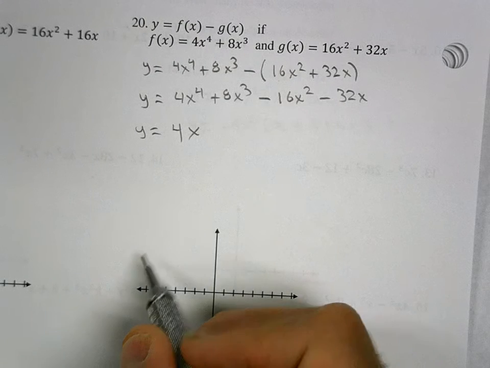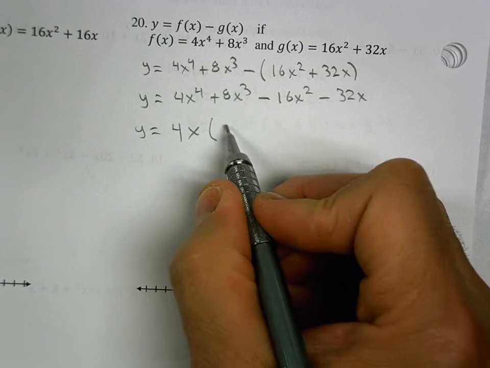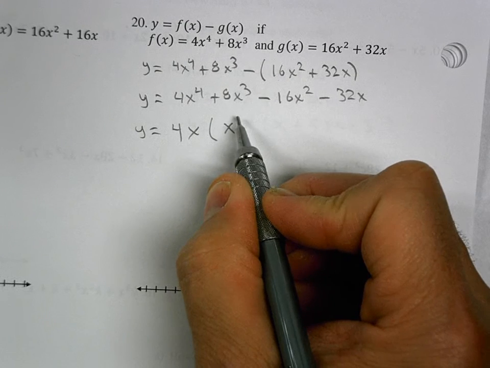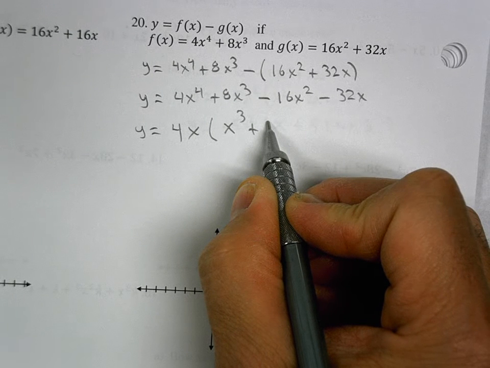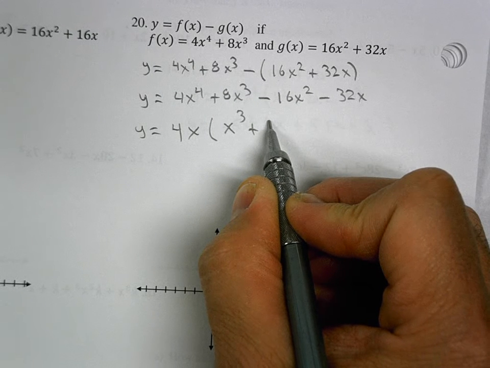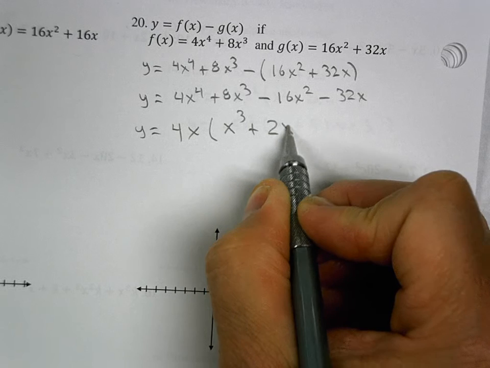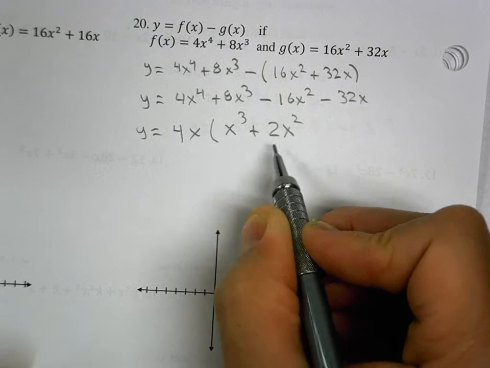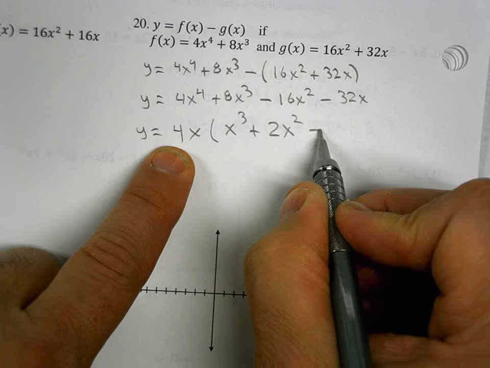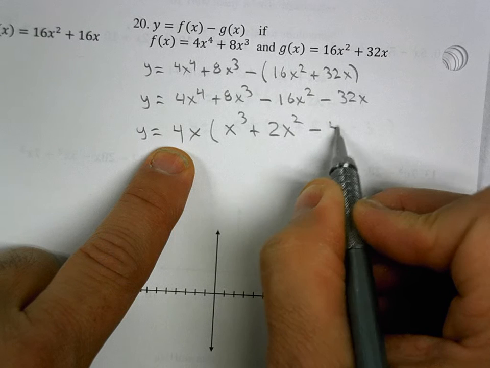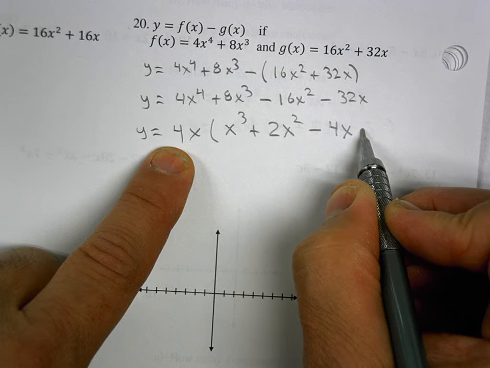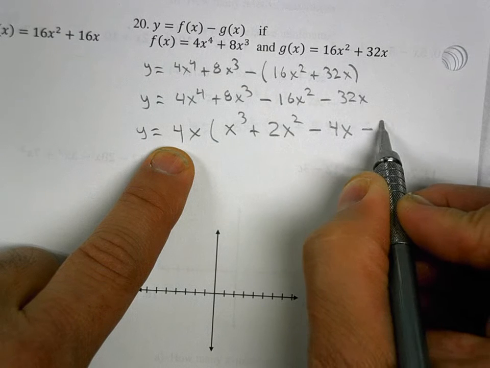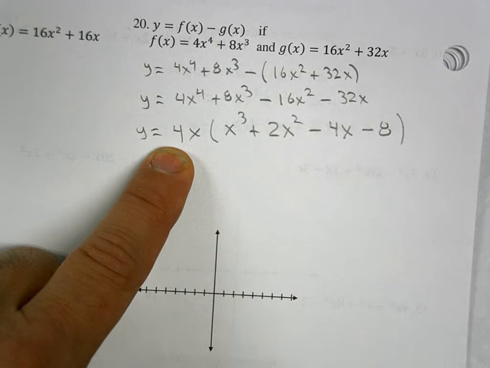Okay, what do we have left? x cubed plus 2x squared minus x minus 8. I agree.